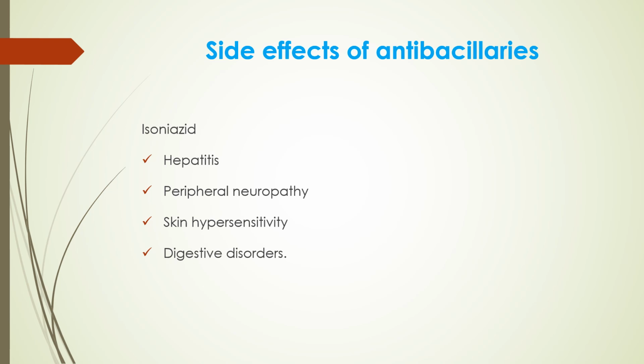So, what about the known side effects for each antibacillary drug? For example, for isoniazid, we know that it could be responsible for hepatitis, peripheral neuropathy, skin hypersensitivity, and digestive disorders.